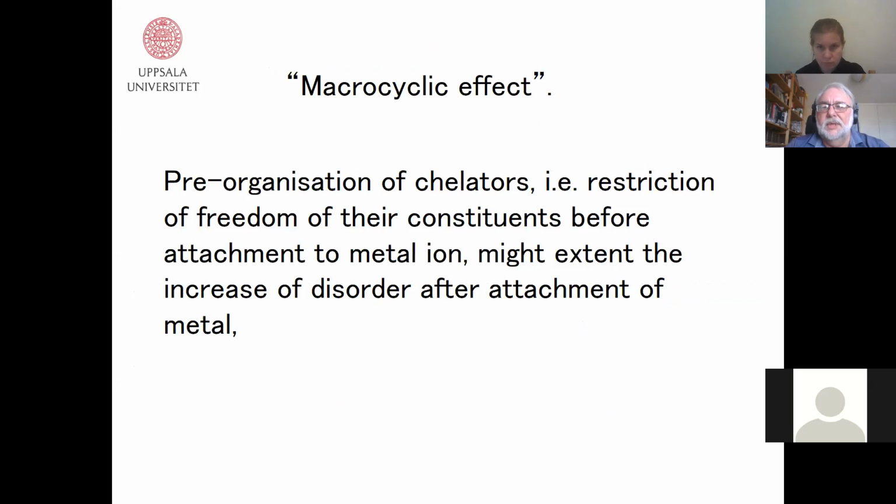So an idea was proposed around 40 years ago to pre-organize chelators, to create the so-called macrocyclic effect, where parts of chelators are arranged in the right position in advance.